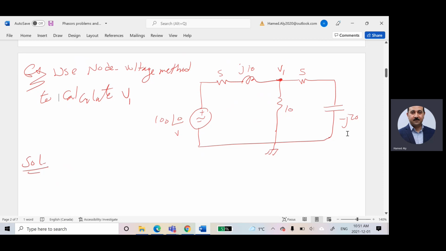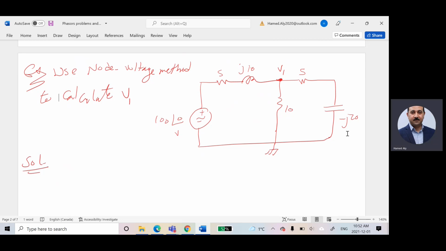Right now, I don't need to convert from time domain to phasor domain because the problem is given in the phasor domain. If I have a problem like that and I didn't give you the time domain function, you will solve the problem in the phasor domain, and you will not convert from phasor to time domain. Why? Because I don't know the shape of the waveform. Is it a function of sine or cosine? I don't know.